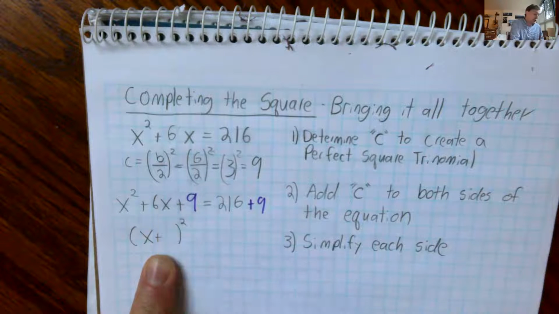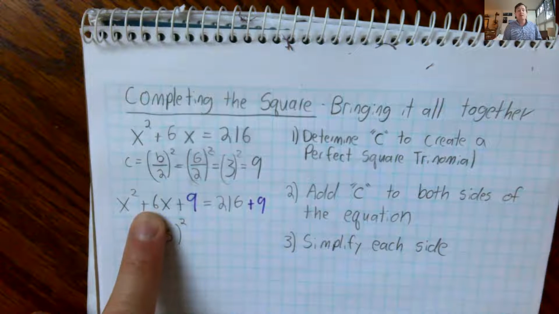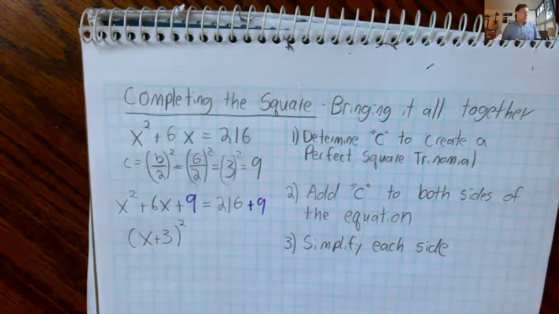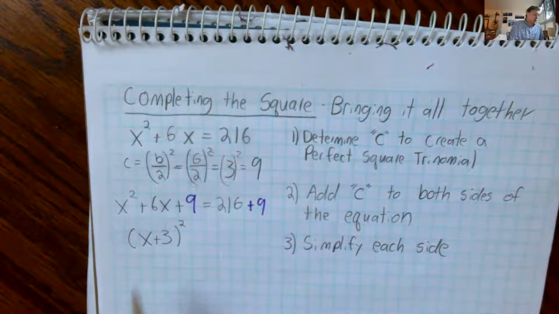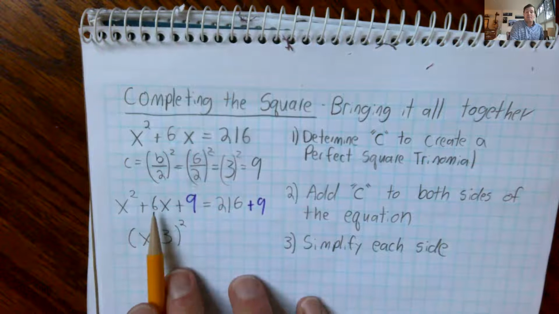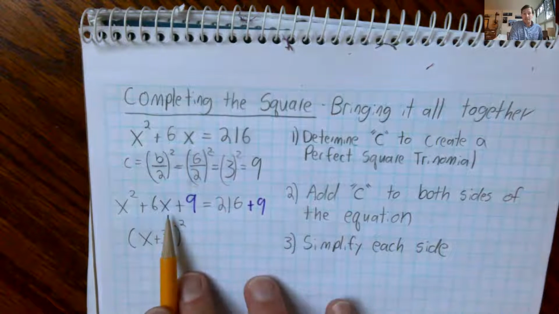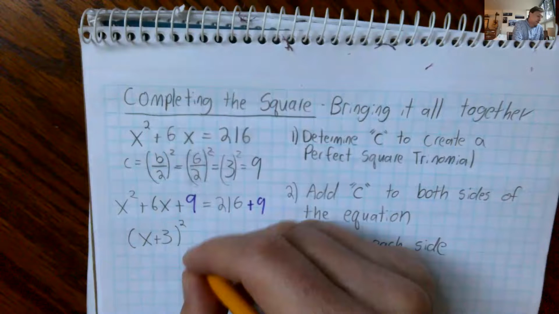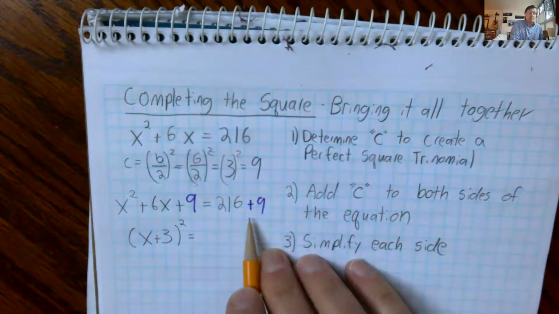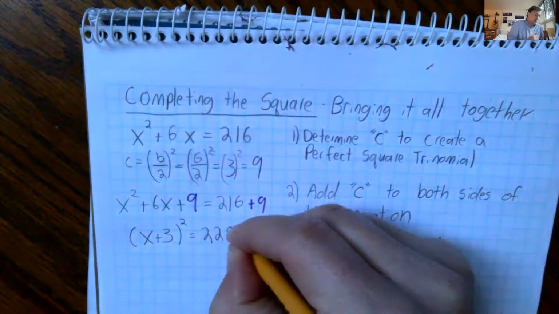So 6 divided by 2, that's 3. That is always going to be the case. We just take half of the B term and we throw it into our parentheses there. If I were to FOIL this out, I would get back to this original expression on the left-hand side. Over here, I've got 216 plus 9. That's going to give me 225.